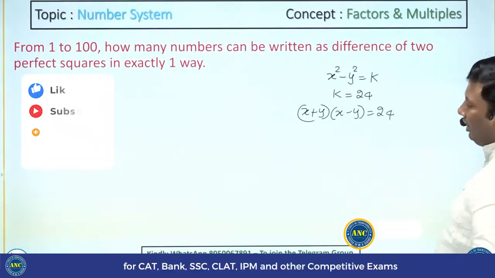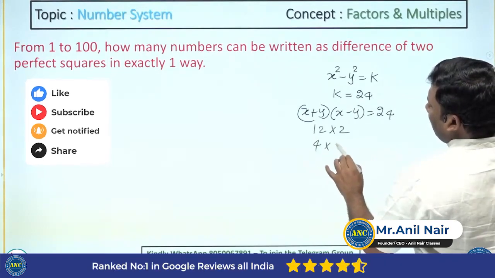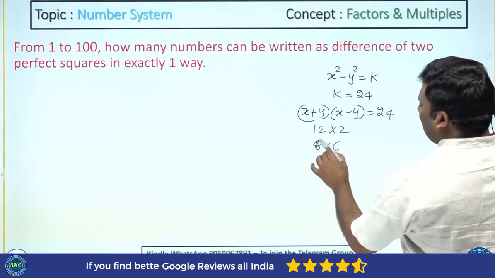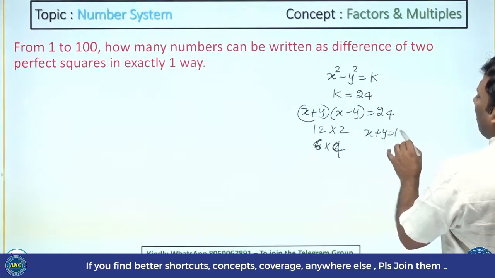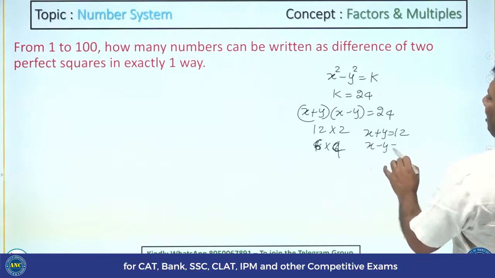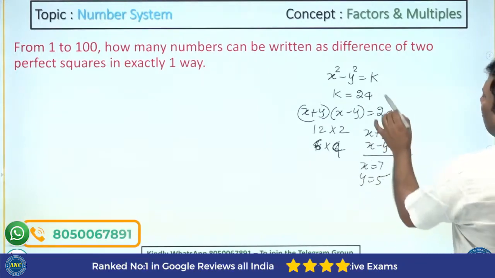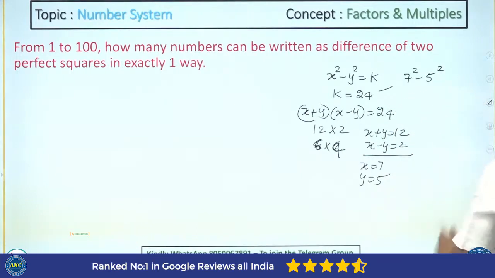This can be 12 into 2, 4 into 6, or 6 into 4. If x plus y is 12 and x minus y is 2, x is 7, y is 5, so 24 can be written as 7 square minus 5 square.